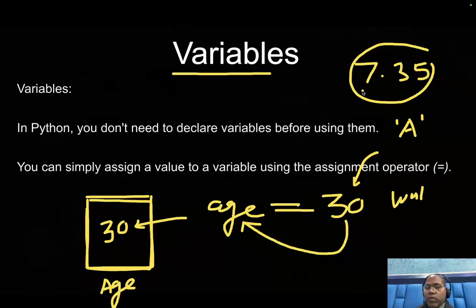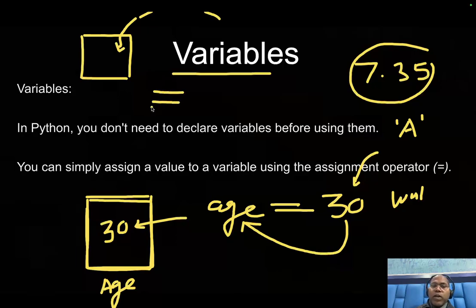But a variable is just a location name, or you can say a place name or holder name, where you can assign some value. The value can be an integer value, float value, double value, string value, any kind of value.